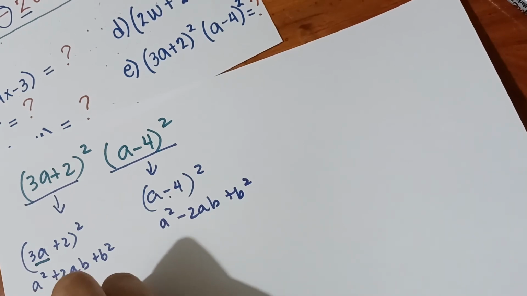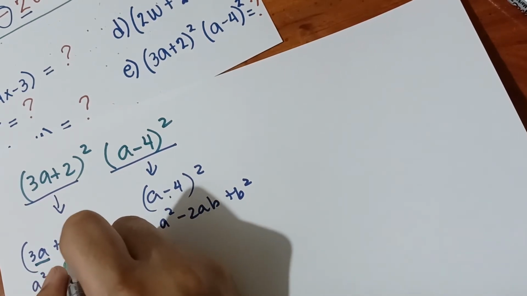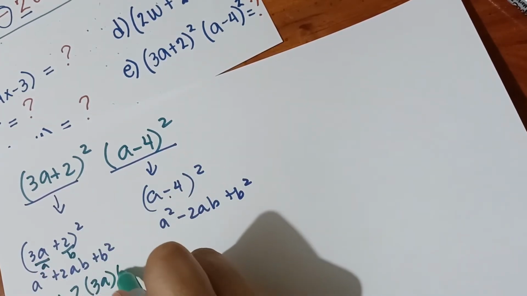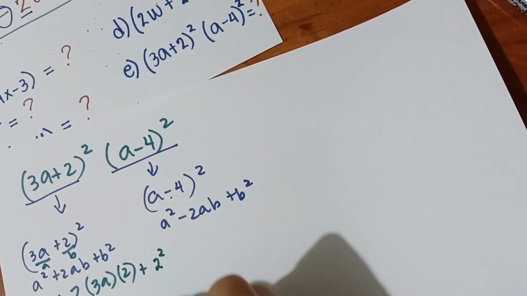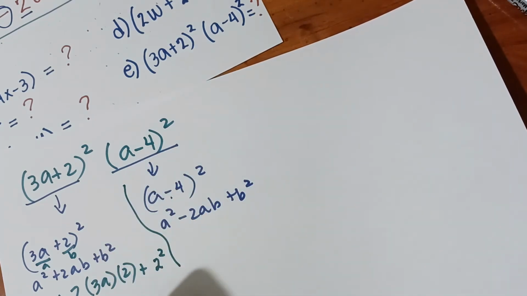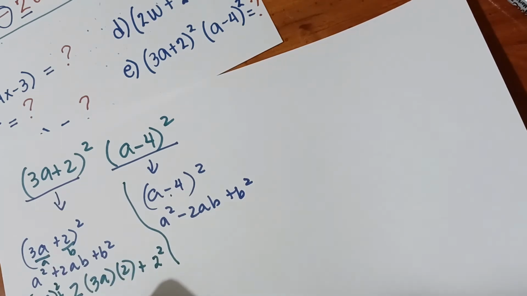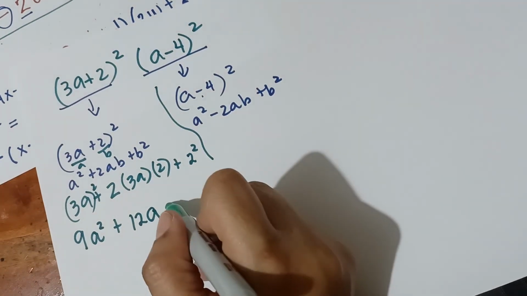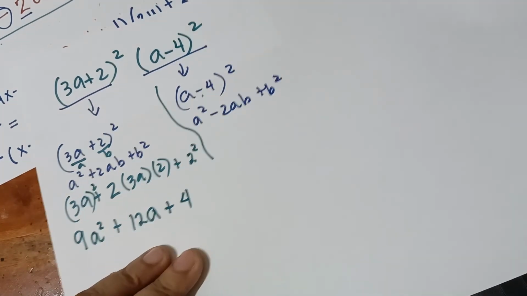So, 3a plus 2 times 3a times, this is our b, times 2, plus 2 squared. Okay? So, we have 3a squared is 9a squared plus 2 times 3 times 2. So, that will be 12a plus 2 squared is 4. So, we're done. This is now our simplified form.